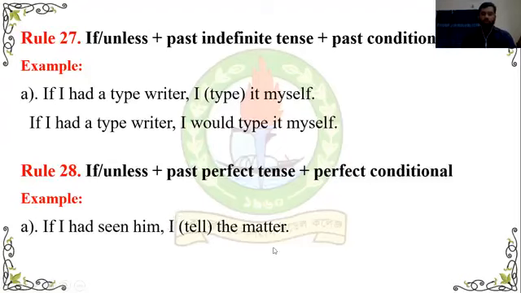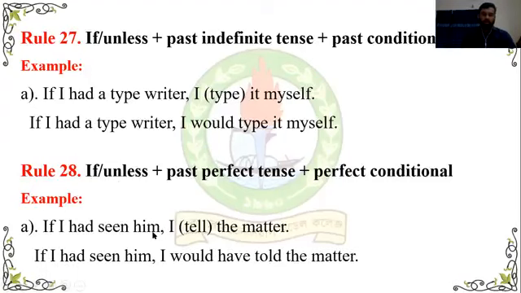So we have to make it perfect conditional. Perfect conditional means would have, should have, could have, like this, and the principal verb will be in past participle form. As the first clause is in the perfect tense, we make it perfect conditional.